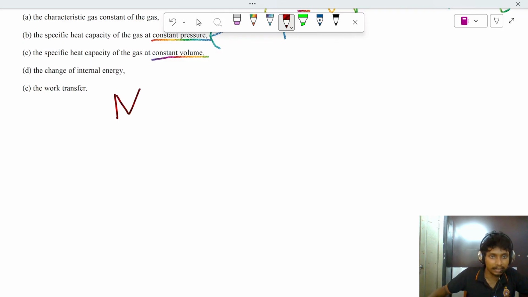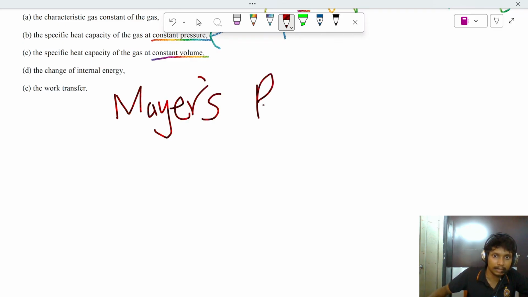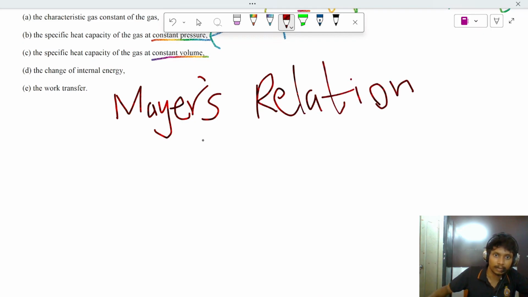We have to use Mayer's relation to find the specific heat capacity of the gas at constant volume.